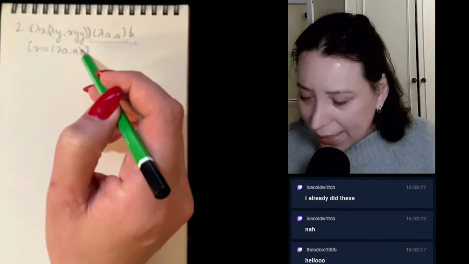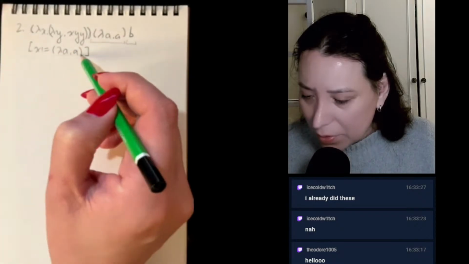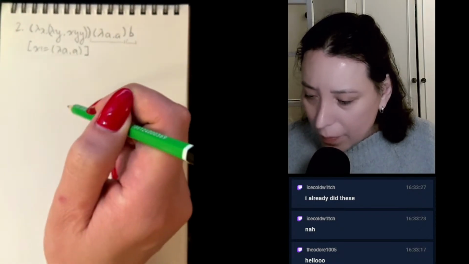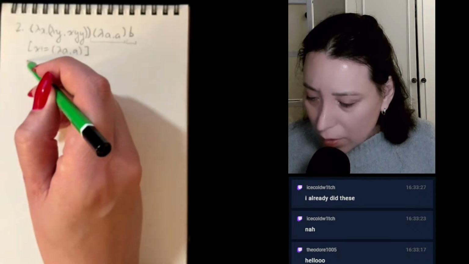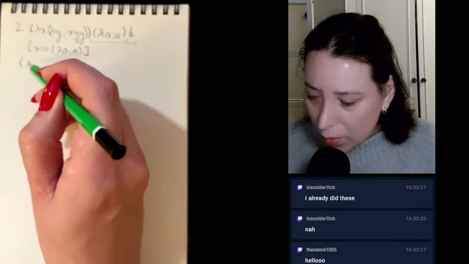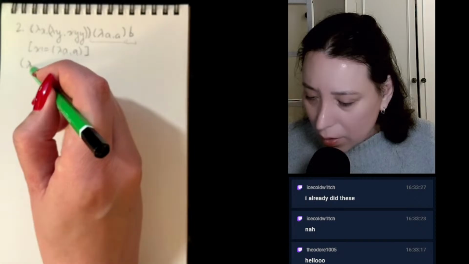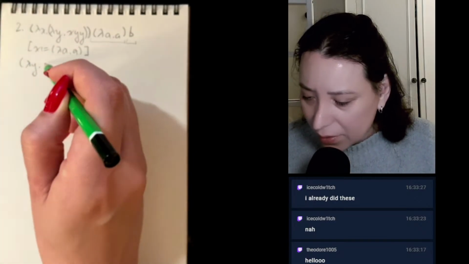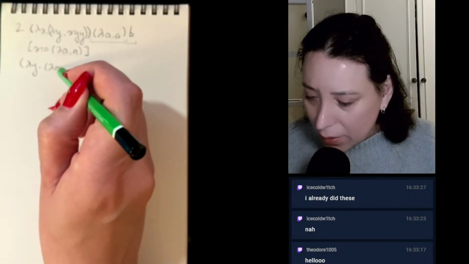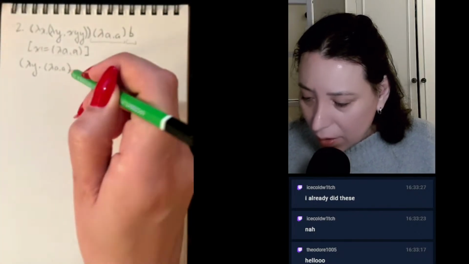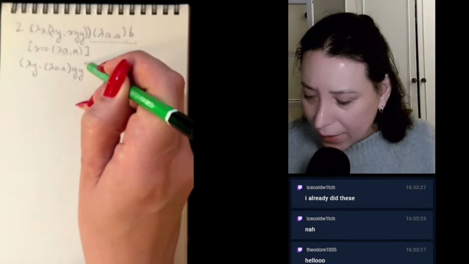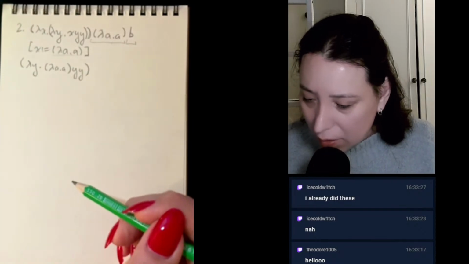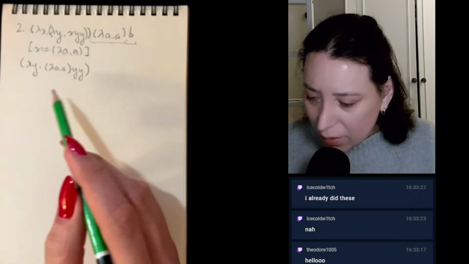So wherever we see x, we're going to substitute it with that. So we do lambda y dot, and now we have this x, so it turns into lambda a y y. There we go. All right.